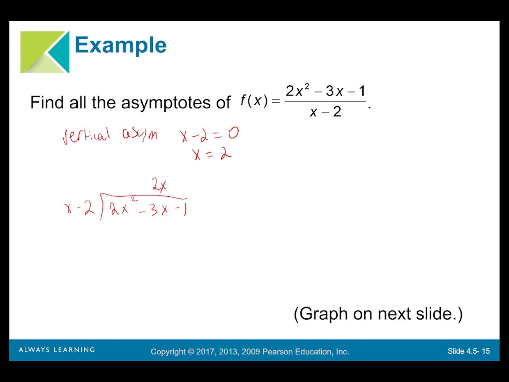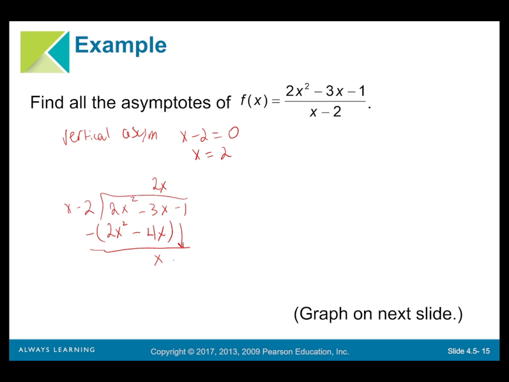So we carry out that multiplication. 2x times x is 2x squared. 2x times minus 2 is minus 4x. And we subtract the whole thing. Now 2x squared minus 2x squared is gone. Now I have minus 3x plus 4x, which is just x. Notice the minus 3x minus a negative 4x makes a positive 4x, and the negative 3x plus 4x is what gave me the x.